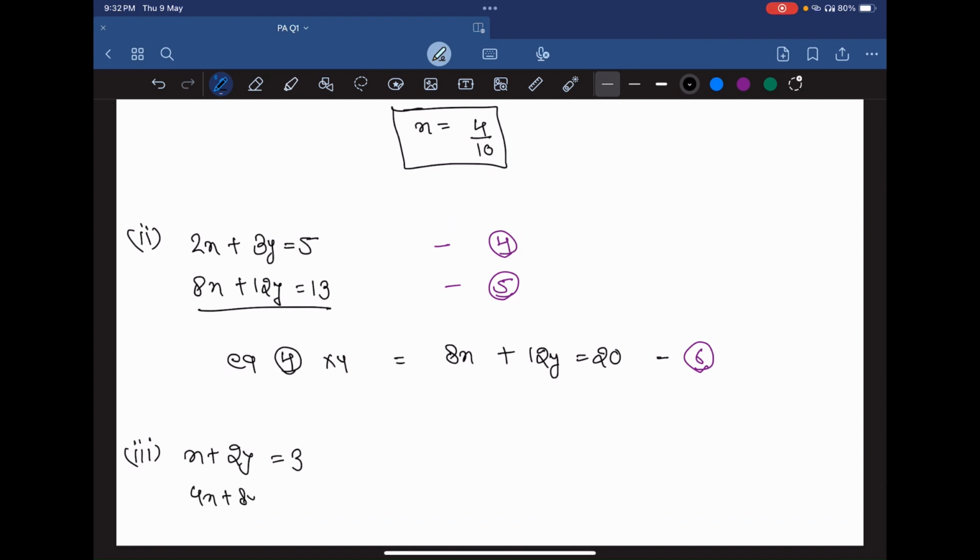Again, it is easy to find out that the second equation is 4 times the first equation. If we consider these as equation 7 and equation 8, then equation 8 is the same as 4 times equation 7. So they both are technically representing only one line.